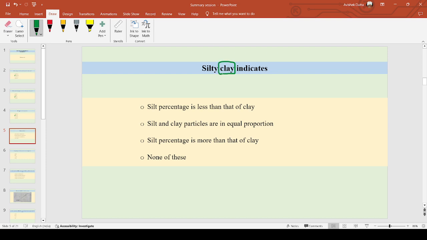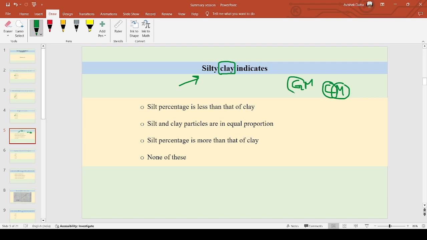So when it is silty clay, it is a soil composed mainly of clay, and it has some particles of silt. If we say silty gravel, we use a symbol like GM. So silty clay means clay particles are more in number and silt particles are less in number.